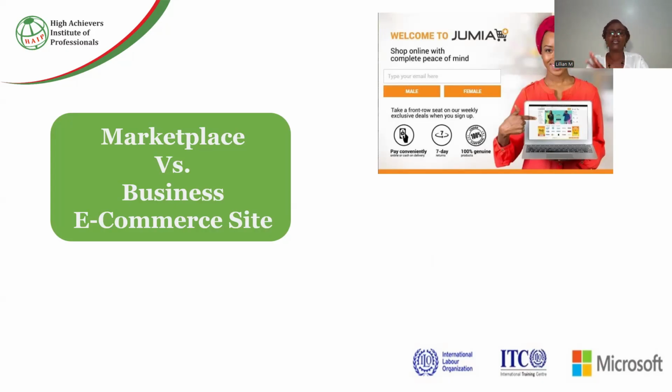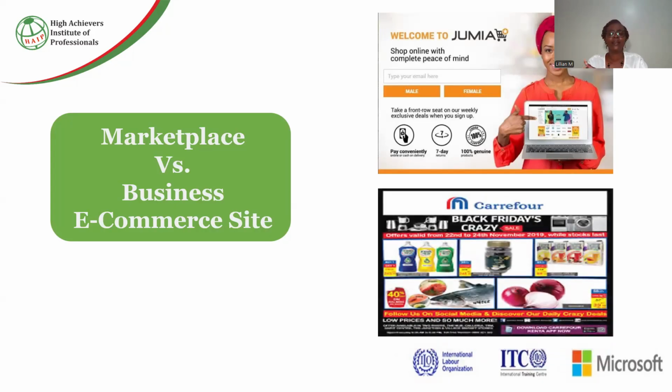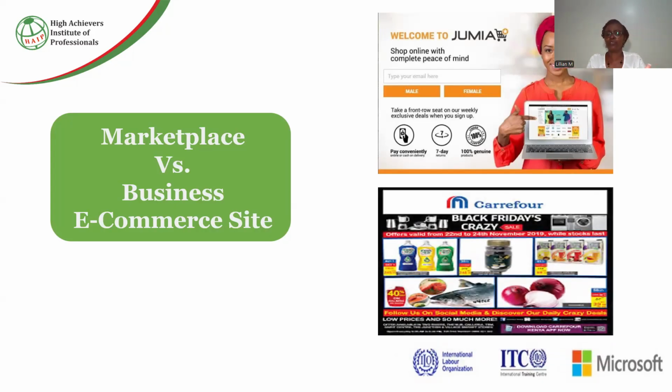So that is Jumia. It is good, easy to get into, and very convenient. And you can ride on the convenience that Jumia gives of people coming to shop and browsing the product. And also Jumia integrates a payment and delivery gateway.